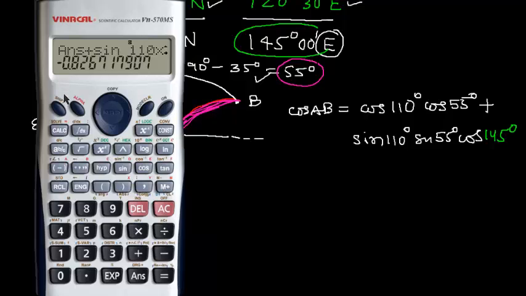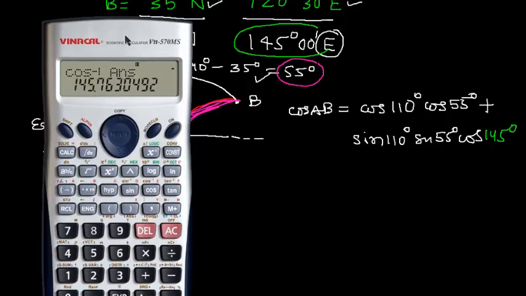So I get this product, which is in minus. All I have to do is just shift and cos inverse, so I get this value, which is 145.76, and I can use this as 145.763.